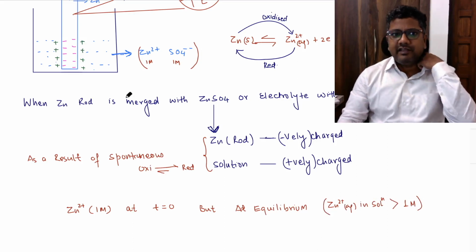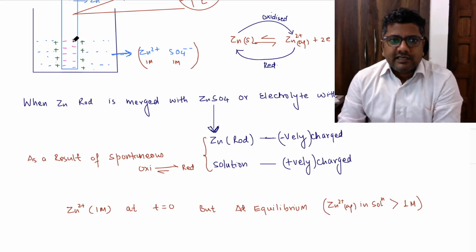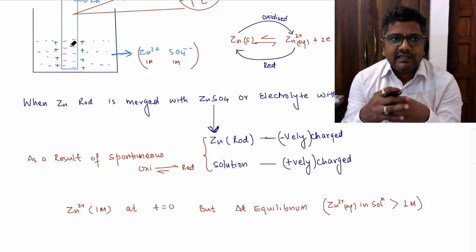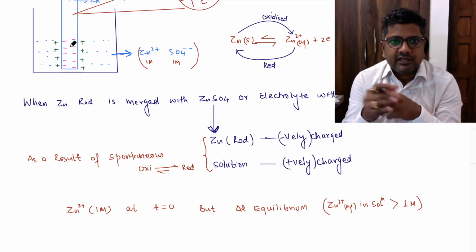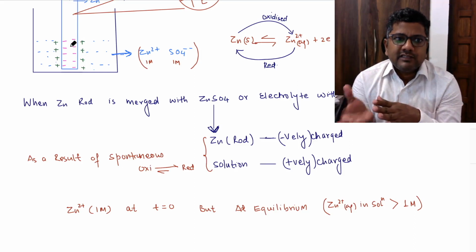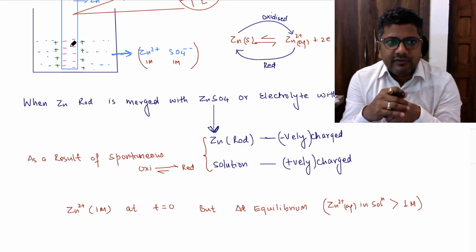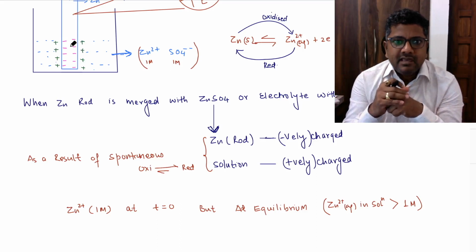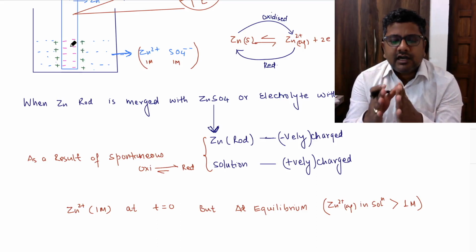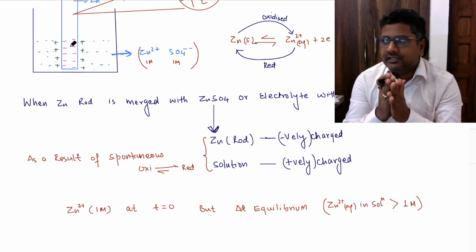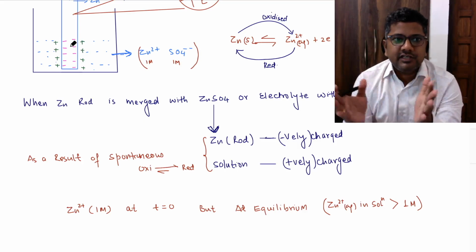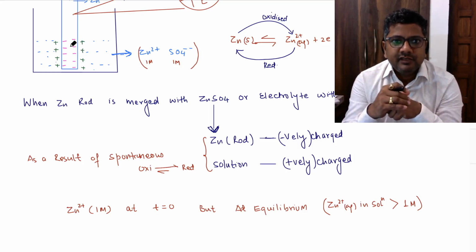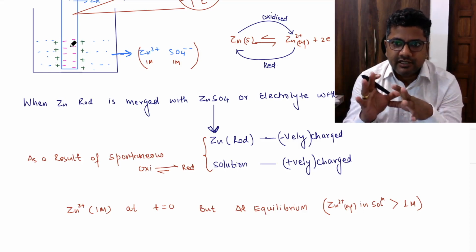Means what is happening here? More and more Zn2+ ions are diffused into the solution compared to the Zn2+ ions from solution depositing over the rod. Now it is clear. Means as a result of the formation of this electrical double layer, there is a change in concentration in the solution as well. Clear?